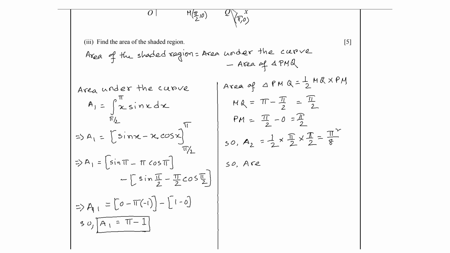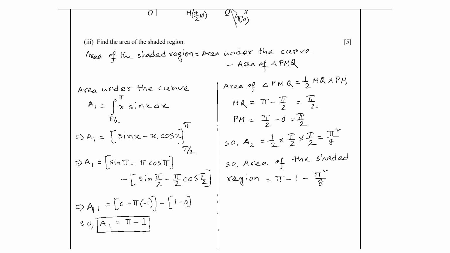So the area of the shaded region is pi minus 1 minus pi squared by 8.